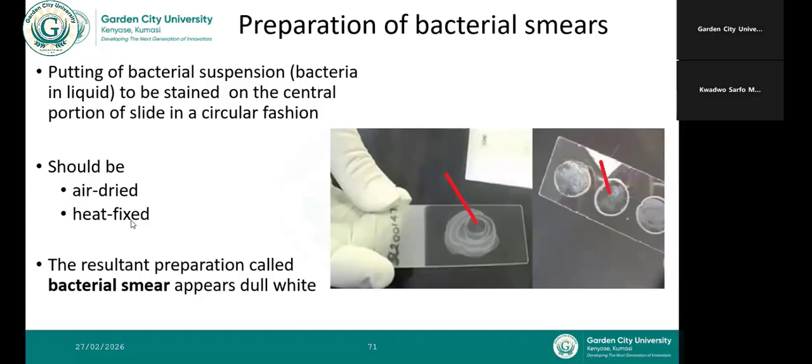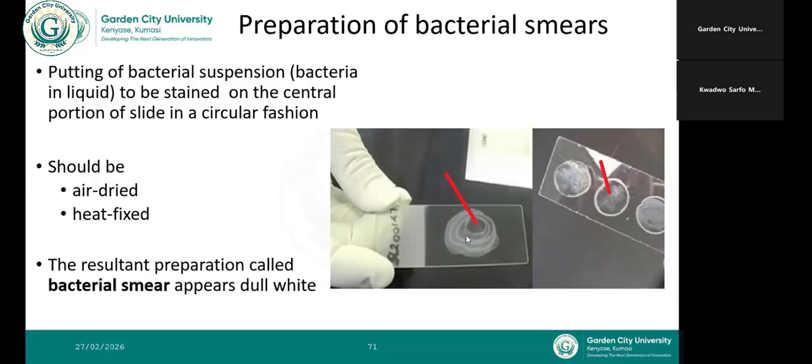Then you heat fix the smear. Once you heat fix, it enables the smear to adhere firmly on the slide because you're going to stain and then wash in between. If it is not fixed, it's going to get washed off the slide and then there will be nothing to see.